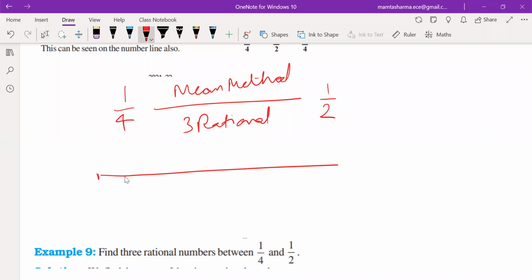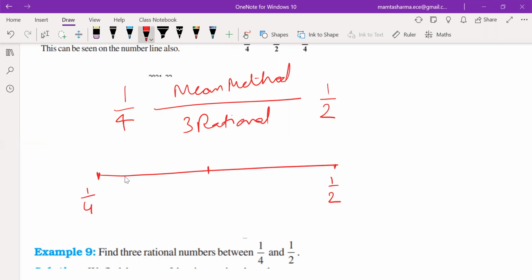If I draw a number line and I take this number as 1 by 4, this number as 1 by 2, you have to find out three rational numbers. Okay, we know that by the mean method, the middle number will be 1 by 4 plus 1 by 2 divided by 2.